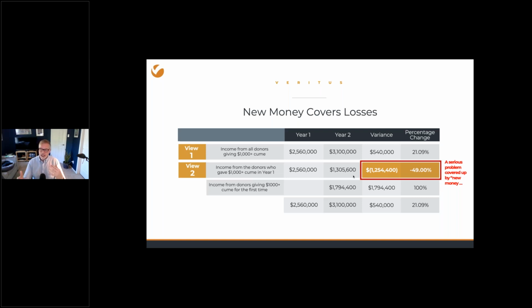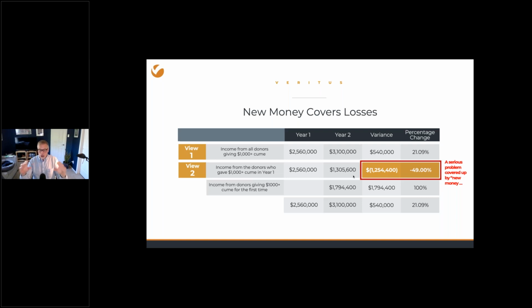If you're the executive director, board of directors, or the development director, you're jumping up and down going, yes, we had a great year. We grew by 21%, and that is great. However, let's peel the onion back a little bit and find out why it grew and what happened with those donors in year one.